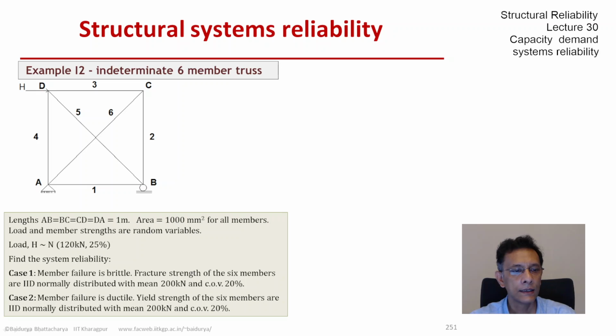One is that the member failure is brittle, so each member has a brittle behavior, and the other one is each member is perfectly ductile. In all cases, we are going to take the 6 random variables of strength and 1 for the load. All 7 of them are mutually independent.